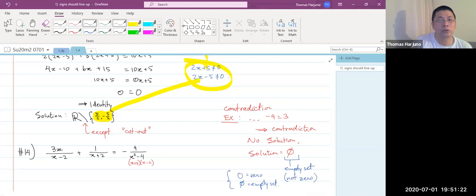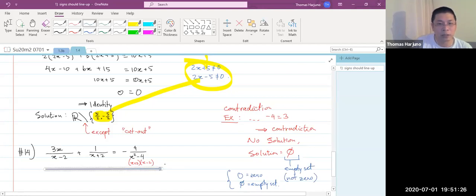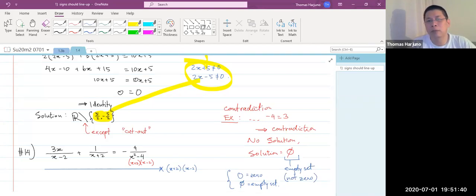So let me ask you to have hands-on experience here: multiply by the LCD, x plus 2, x minus 2. Let me give you maybe 2 or 3 minutes for that.